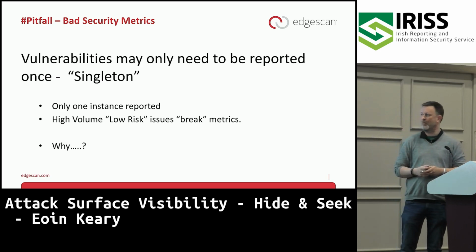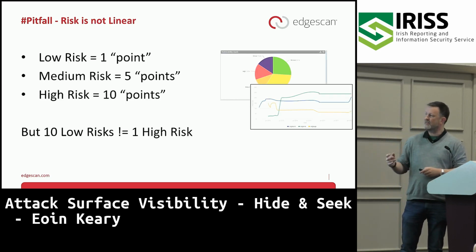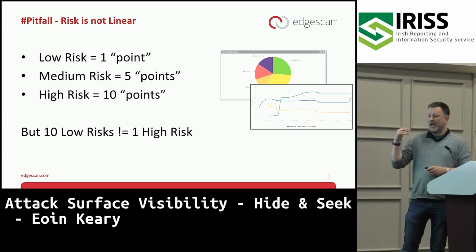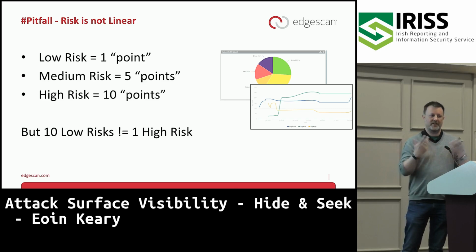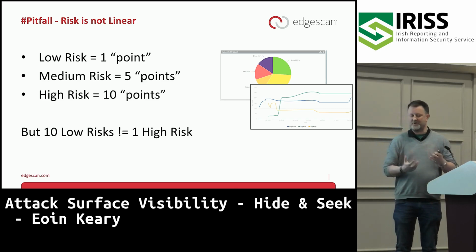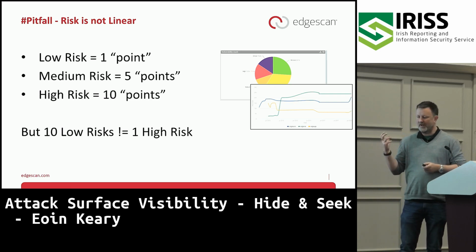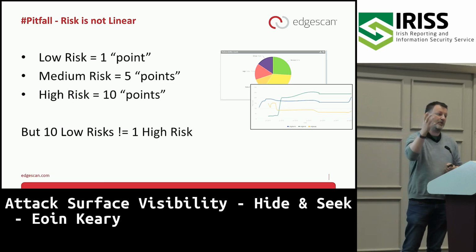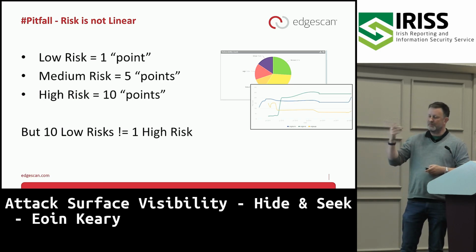Your metrics won't work, because you wind up with a million low-risk findings and one critical risk, and you give them scores like CVSS scores. From a metric point of view, all of the low risk combined looks like more of an issue to fix than the critical issue, but it doesn't really work that way. So when you want to measure things, you need to consider risk as well, which is again a non-linear problem.